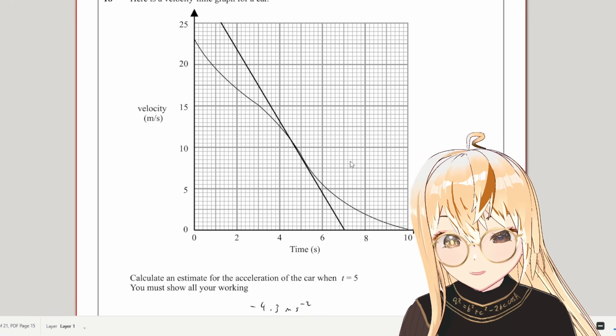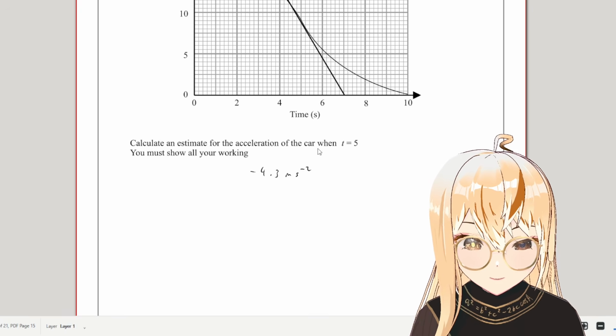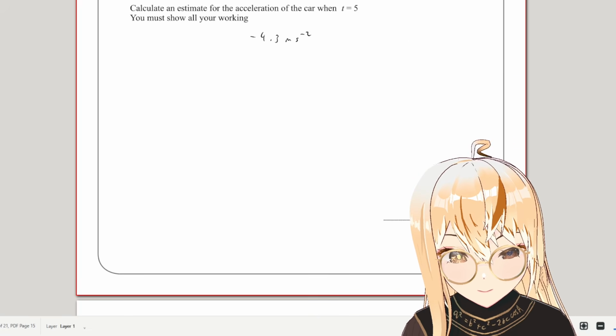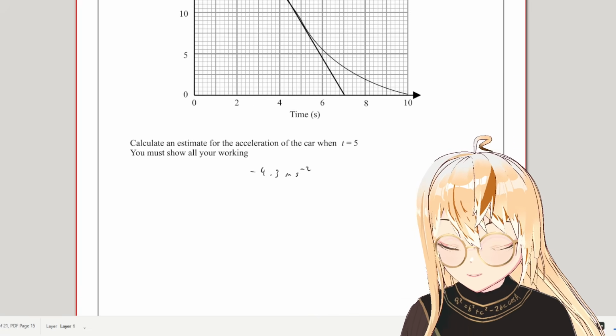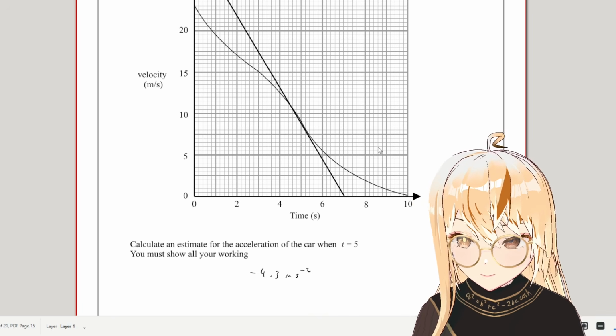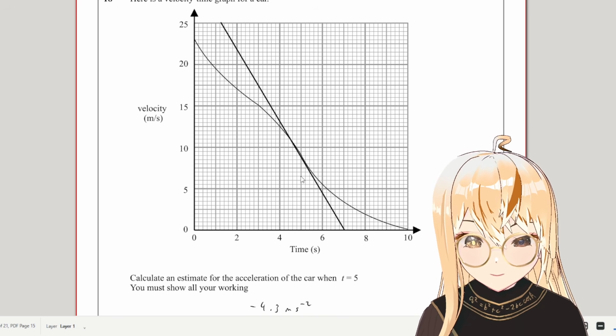Obviously mine's not really accurate. It's probably going to be a range of like minus 4 to minus 5. So obviously in the real exam you'd want to get as close to the gradient of the line at that point as possible, but don't be worried if it's not too accurate, because there'd be quite a big range.